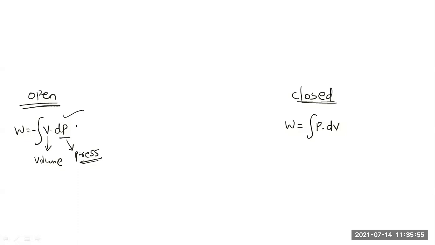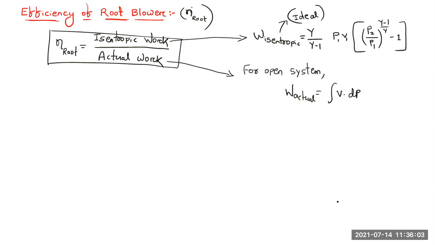Like these two formulas, I think you might have studied them in thermodynamics. So the same formula we are going to use here. The work done for this system will be the integration of V dP. What is the lowest pressure? Lowest pressure is P1, highest pressure is P2.